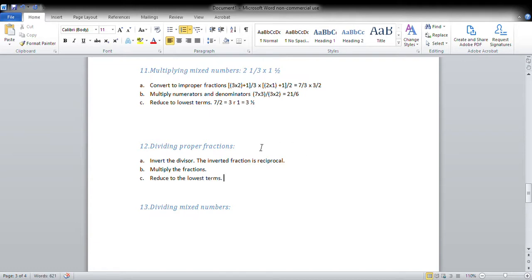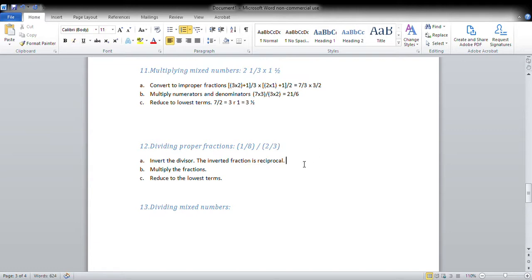Okay, so invert the divisor. What in the world do I mean by that? Here is our problem that we're given. I'm using this like the division symbol, but I don't have that. So 1 over 8 divided by 2 over 3 is our problem.